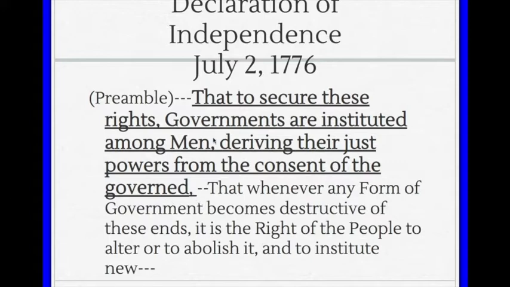I'm going to focus on another part of the preamble. That to secure these rights, governments are instituted among men, deriving their just powers from the consent of the governed. Locke argued that the government was necessary. We needed government because over time the strong will prey upon the weak.